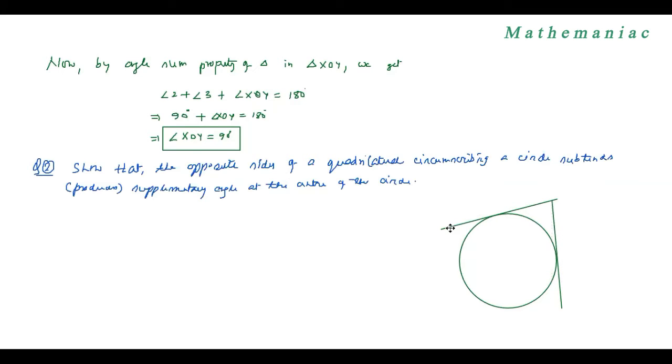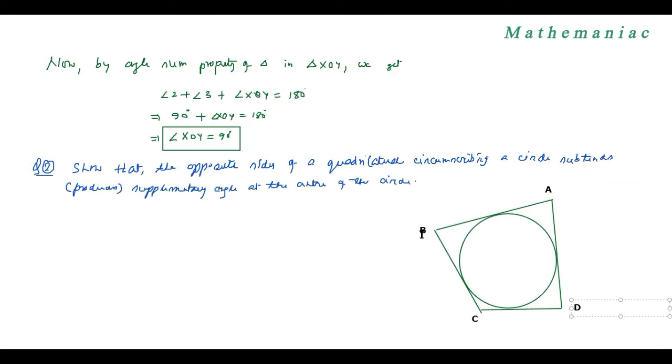So let me adjust the figure a little. Okay. So we have a quadrilateral. Let me give the names: suppose this vertex is A, this vertex is B, this vertex is C, and here it is D.